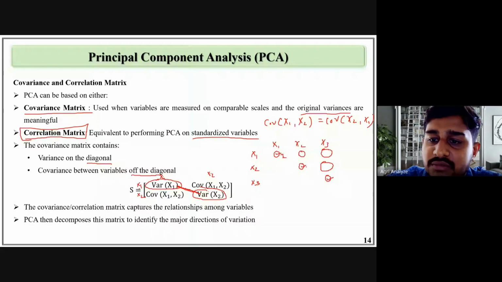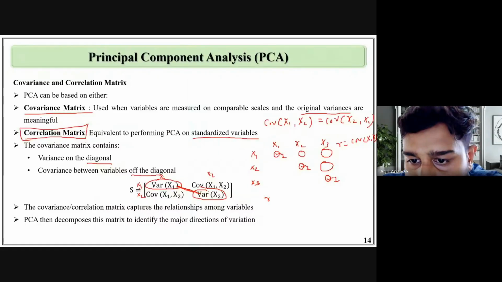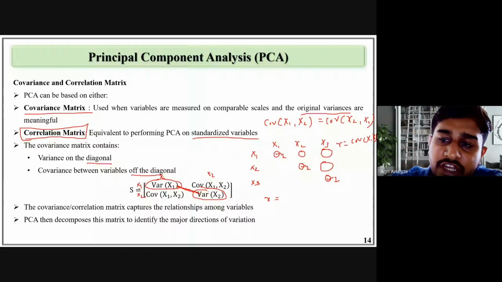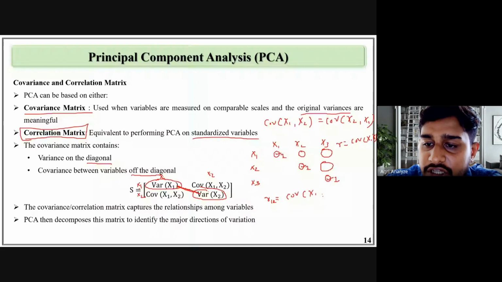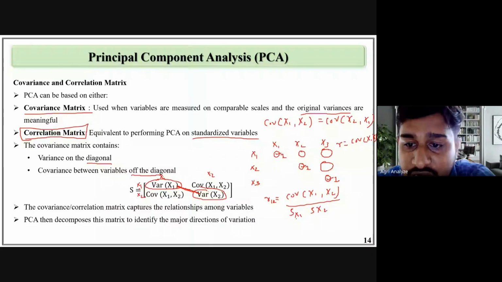Then the off-diagonal elements show the covariance between x1 and x2, but after standardizing our data, the correlation is always equal to the covariance. As I explained, the correlation is the covariance between x1 and x2 divided by the standard deviation of x1 and the standard deviation of x2, but after standardizing our data, those standard deviations are 1.